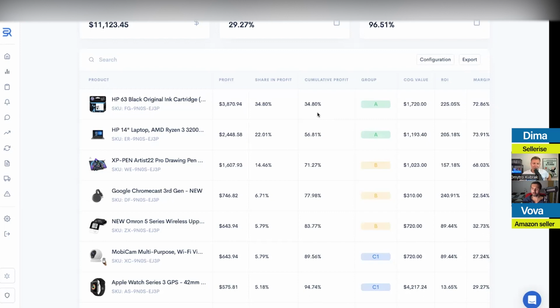That's why a lot of people in the first 2-3 years of working on Amazon, or any e-commerce platform where they sell physical products, struggle with cash flow. Because if your ROI is 100% or less, even I would say 200% or less, you would be surprised that every time you need to order more inventory, your previous order is not sold out yet. You didn't even make enough money to cover upcoming inventory.